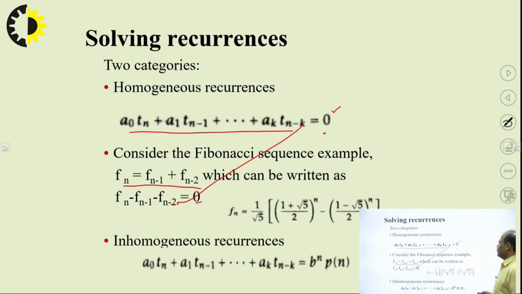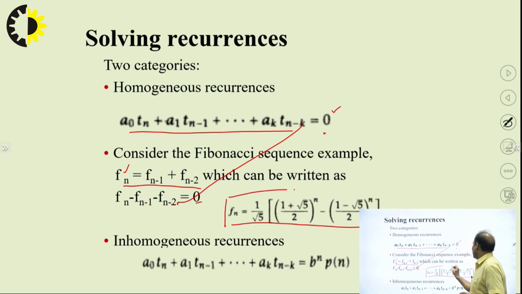So what is the objective of a recurrence relation? Our objective is to solve for the value of fn so that we can directly get it in terms of n. There is no need to go back again and again. See here, the solution of this recurrence is given by fn equal to this. We'll know how it is coming later on, not today.